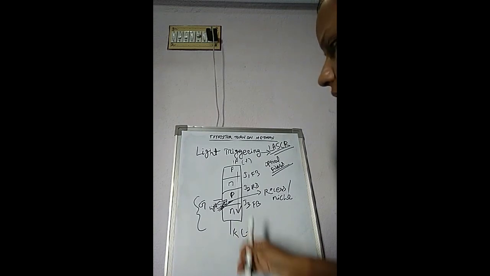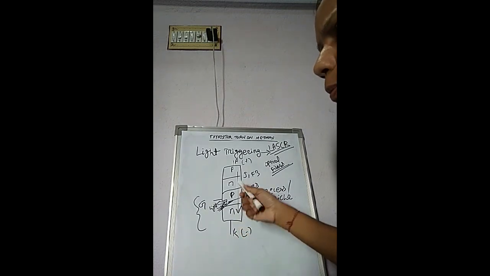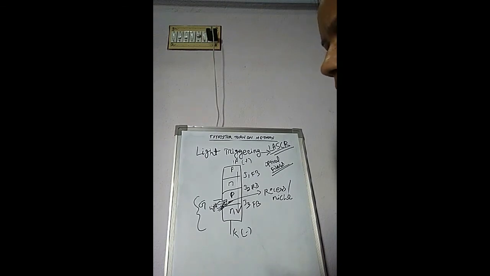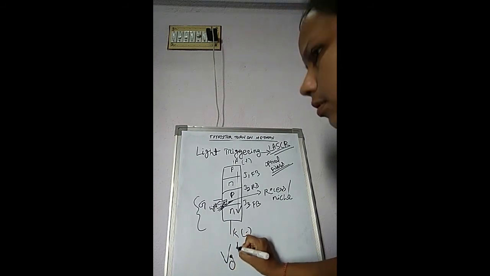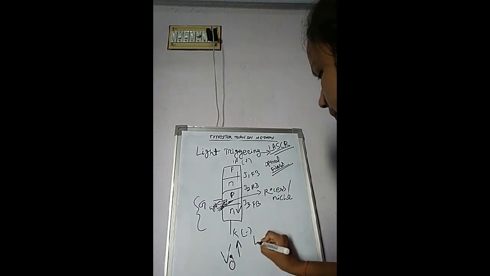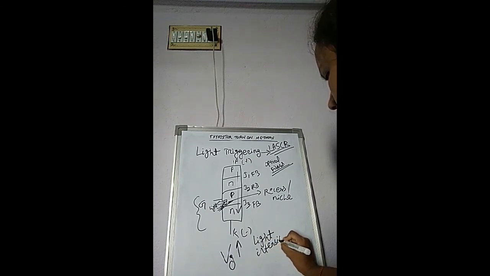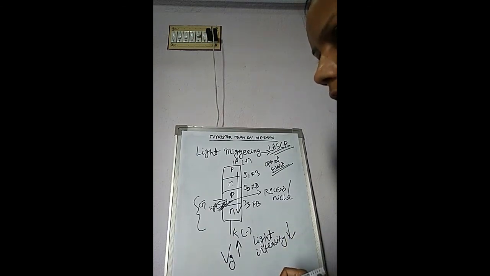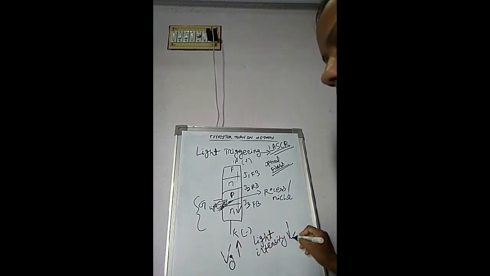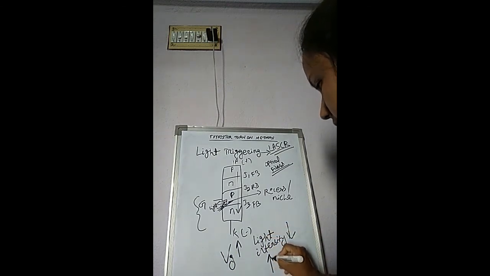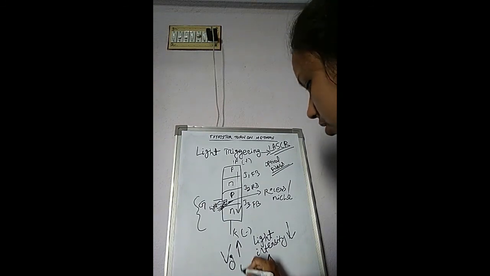That means the gate signal is inversely related to the light intensity: higher the voltage Vg, lower is the light intensity. If we increase the gate voltage, the intensity of light decreases. If the light intensity is increased, then the gate voltage value decreases.